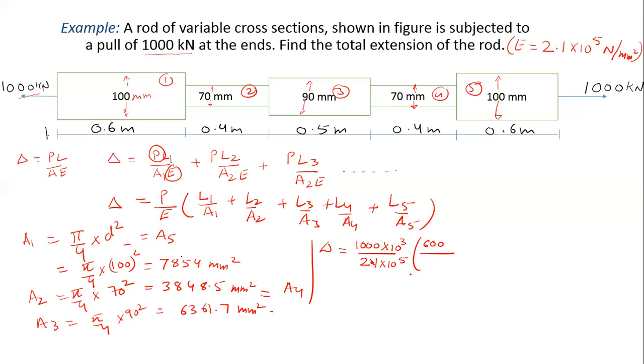A1 is 7854. Also we see that A1 and A5 are the same, so sections 1 and 5 are the same and we'll multiply by 2.